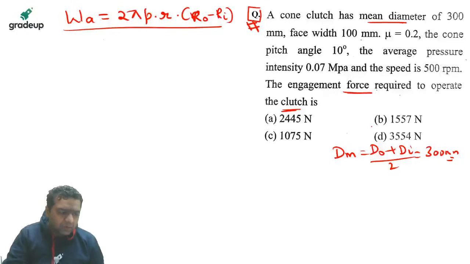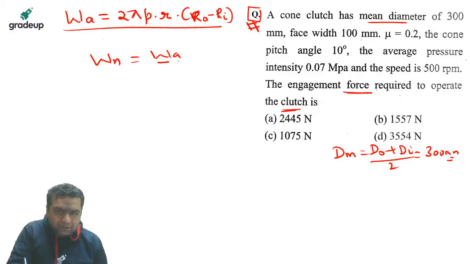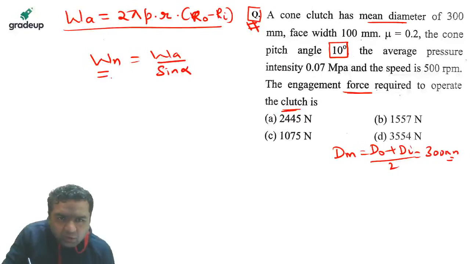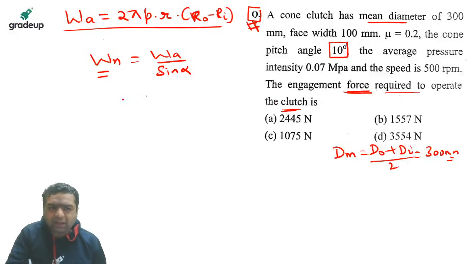Yes. So when you will be solving this, you will be getting the axial load, and you know one thing, that Wn is nothing but Wa upon sine alpha. Alpha is given as 10 degree. So from this you can find out the normal load, and after calculating normal load, you know the relation, as you need to find out the axial engagement force required to operate the clutch.